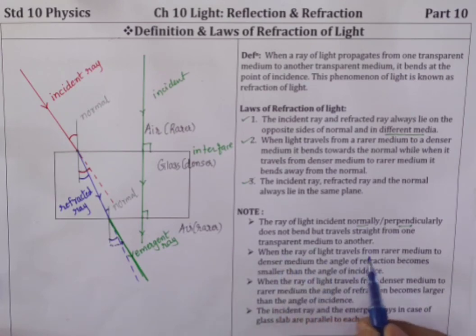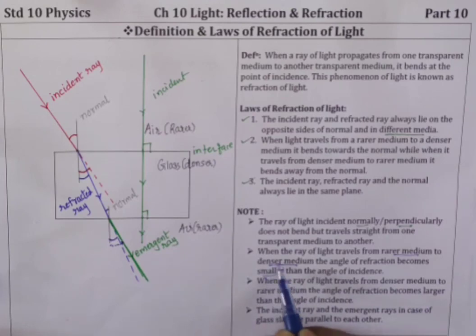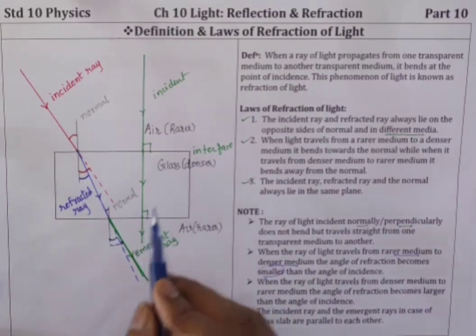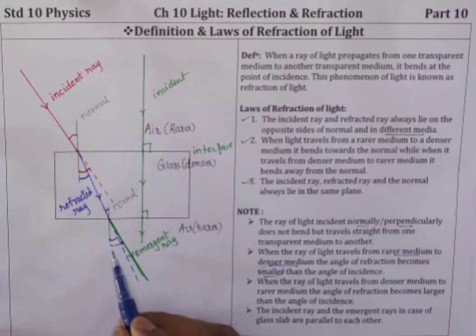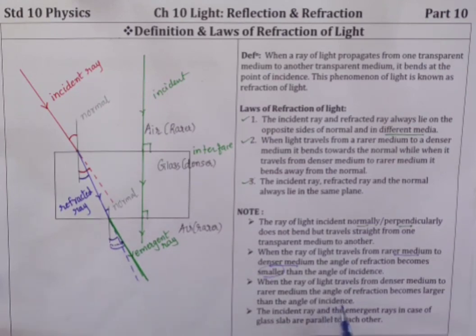When a ray of light travels from a rarer medium to a denser medium, the angle of refraction becomes smaller. And when it travels from a denser to a rarer medium, the angle of refraction becomes larger than the angle of incidence.